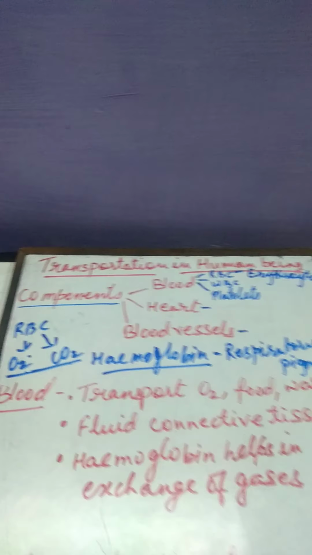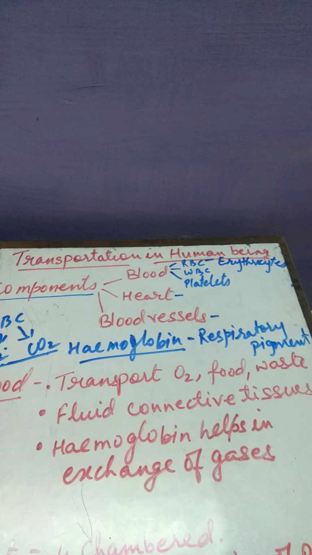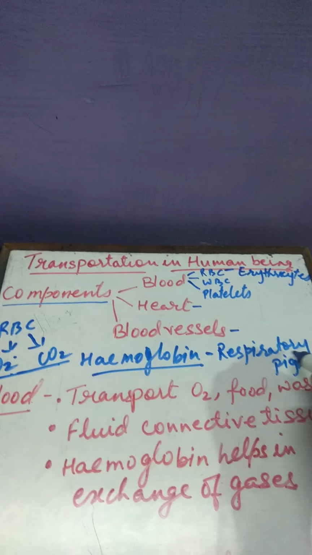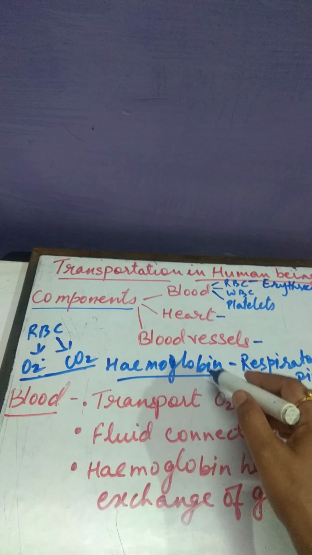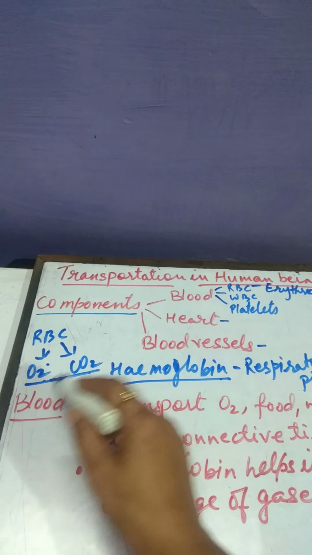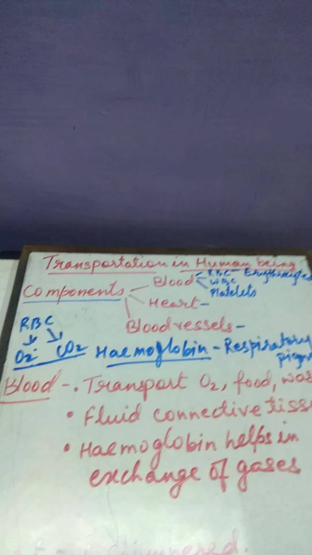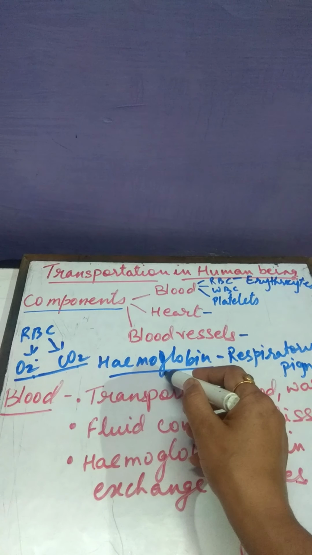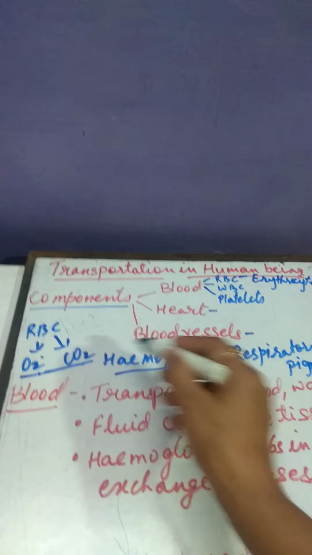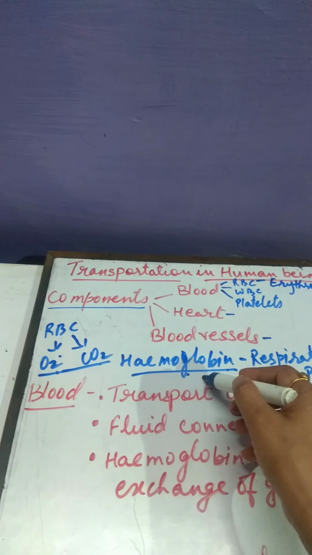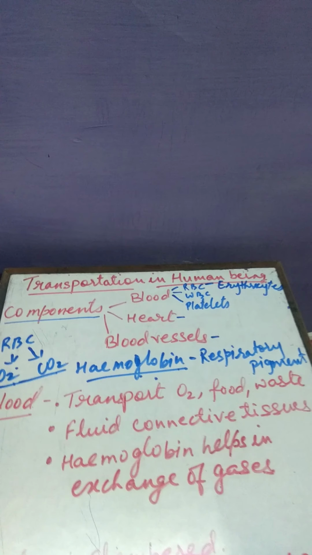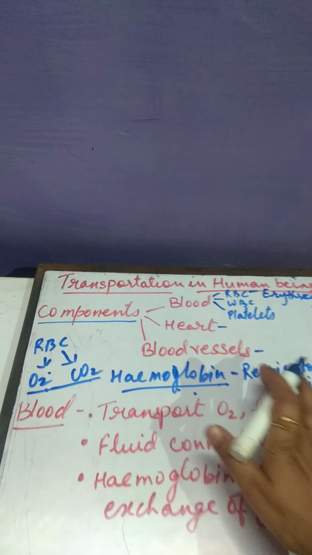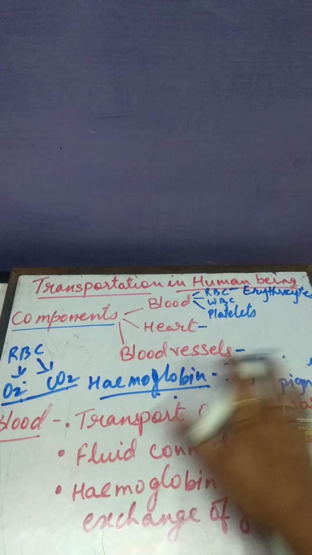Clear? Why is it known as respiratory pigment? Because it helps in exchange of oxygen and carbon dioxide. When oxygen combines with hemoglobin, it is known as oxyhemoglobin, and when carbon dioxide combines with hemoglobin, it is termed as carboxyhemoglobin.